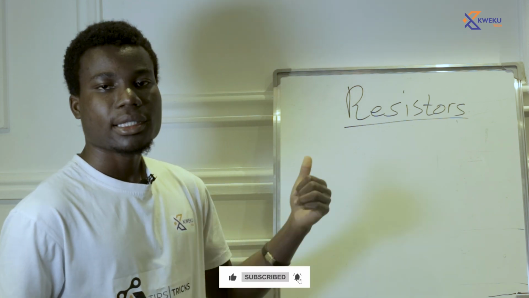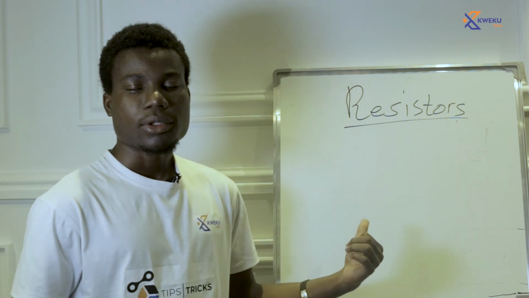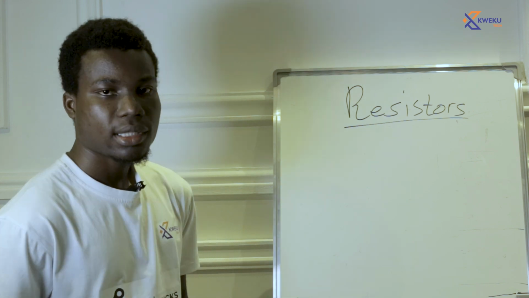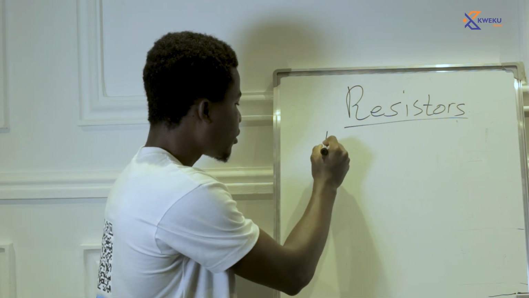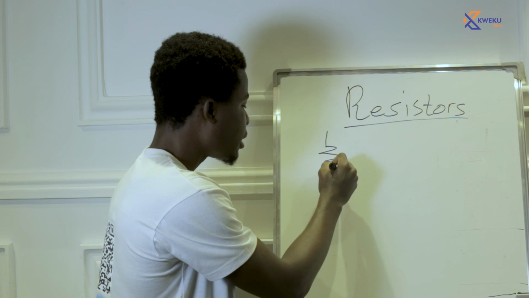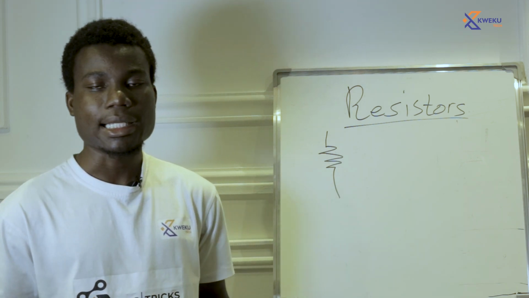So for a little history class, resistors, right, was discovered by Sir something, right? So when we go, you would know that resistors is measured in ohms. So to begin with, the electrical symbol for resistors looks like this. Some zigzag lines, and then 2 dots, 2 dashes at the end.